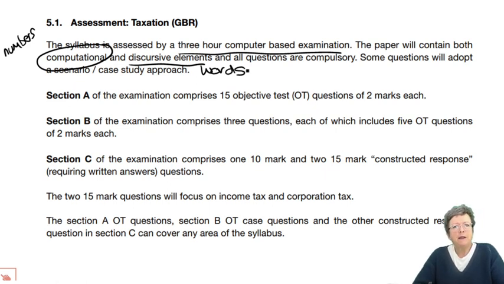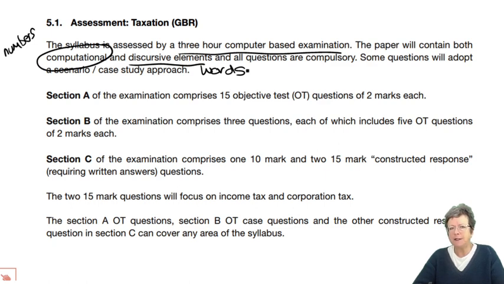So you may be given a scenario or a situation that a client has, because there'll be client-based questions. A client has a certain situation, what advice would you give them? So that's what is the rule, and apply it to their situation, and what the impact of that would be on them. Section A, 15 multiple choice questions.